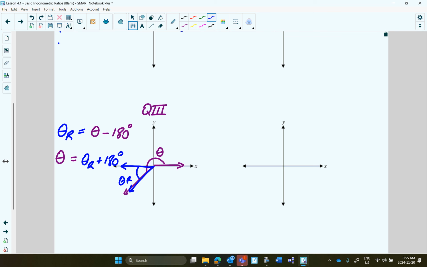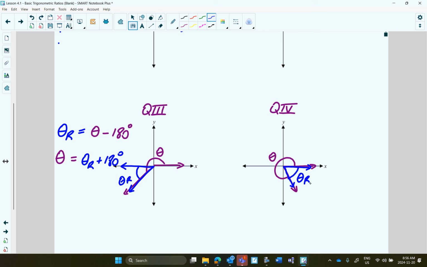And finally, in quadrant 4. So let's draw an original angle theta in quadrant 4. And then use the graph to find the reference angle, which hopefully you will see is the terminal arm, and the nearest x-axis, which is the positive one. So if theta ends in quadrant 4, theta r kind of completes the circle, right?